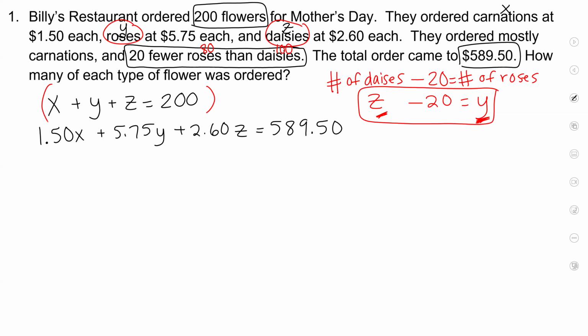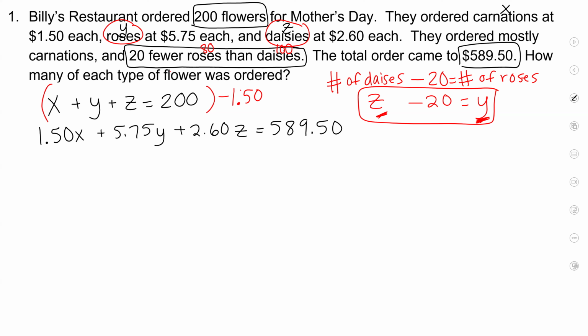So everyone, go ahead and put parentheses around here. We're going to get rid of X. I'm going to multiply by negative 1.50. No, you don't need the 0, but I'm going to write it. All right, guys, go ahead and multiply it in.